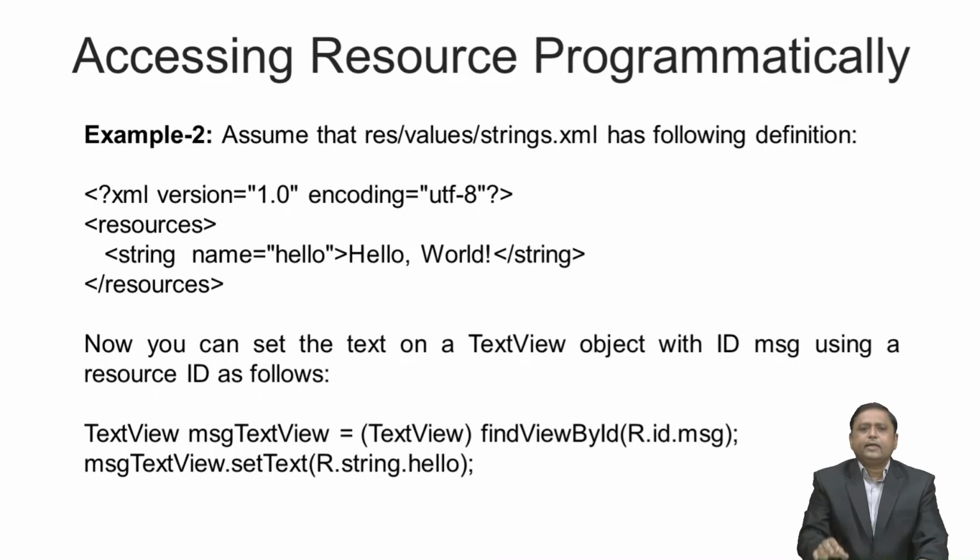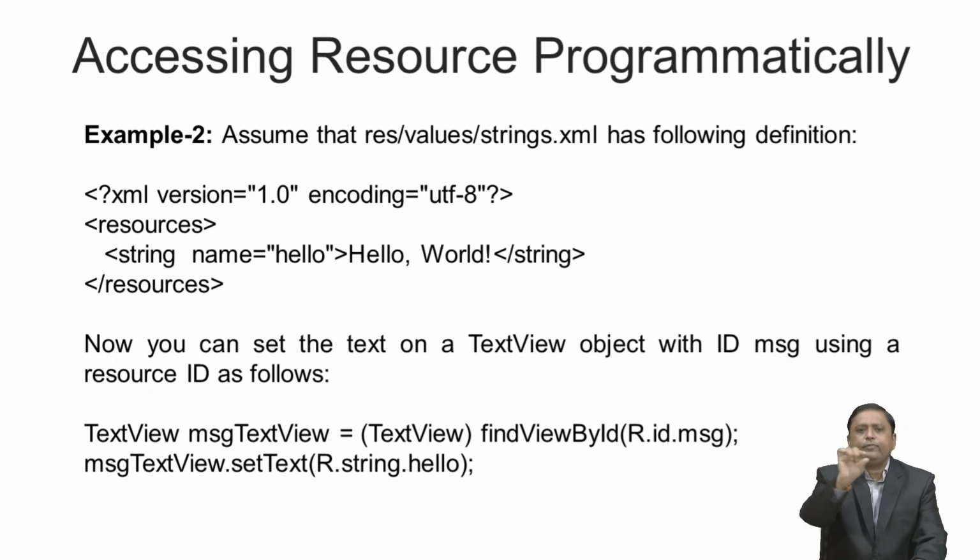The second example, how to access a resource programmatically, is: assume that we have stored this file string.xml inside the values folder, which is already there. Now, string.xml has this definition. Here we define one string with name hello, and the actual string is Hello, World.